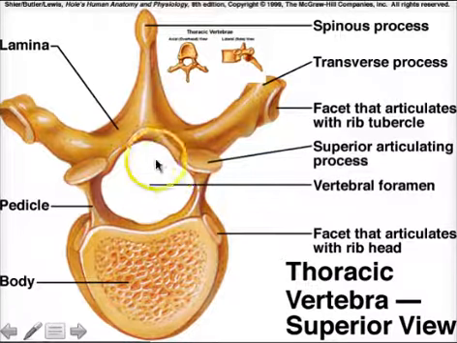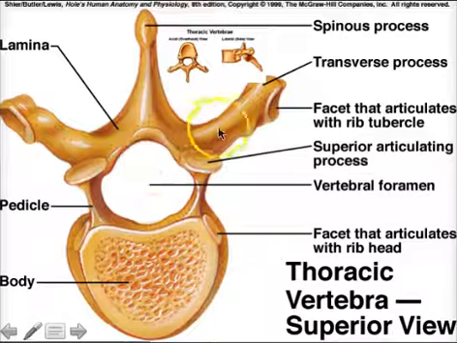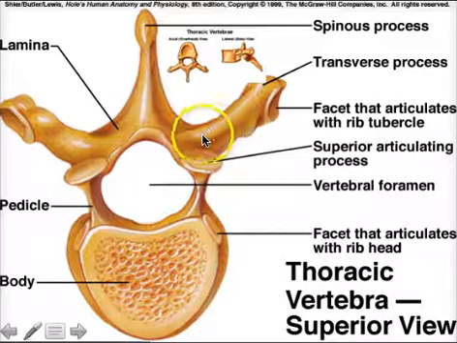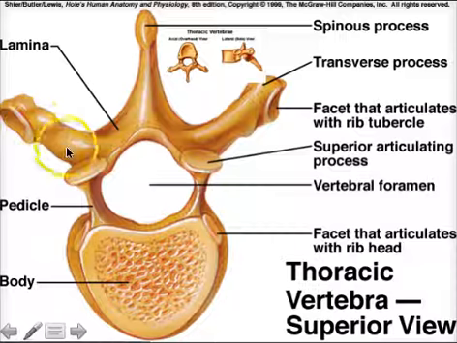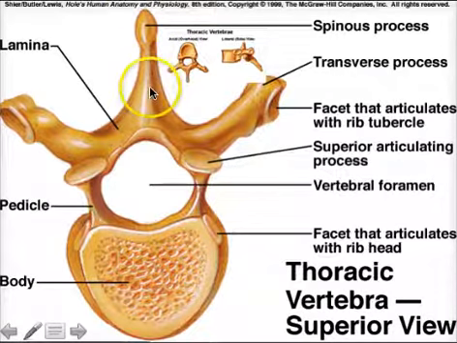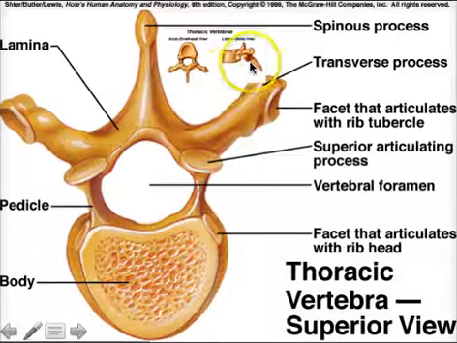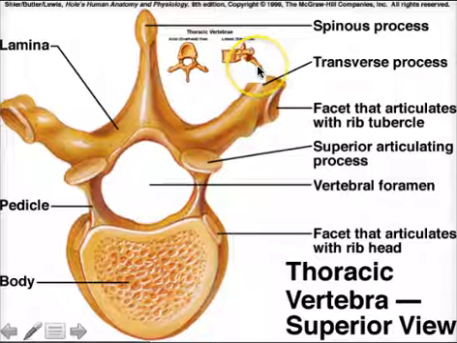In addition, the vertebral foramen is still about the same as always, in the same position, kind of nice and round. But note, there are no longer any transverse foramen, and there won't be in any other vertebrae at all. But these are still the transverse processes. This is still the spinous process. And another feature about thoracic vertebrae, if you look here in the lateral view, note that the spinous processes have a very definitive downward projection, inferior projection.